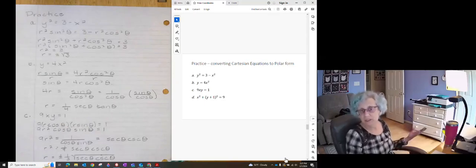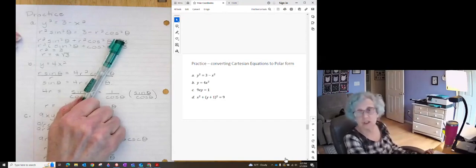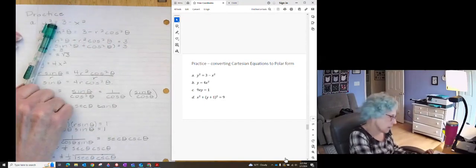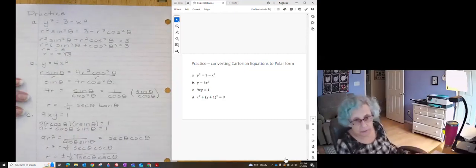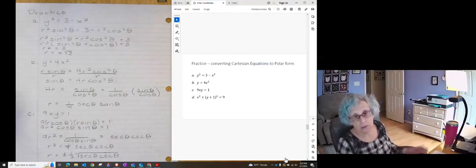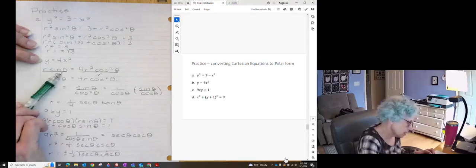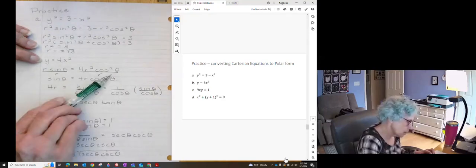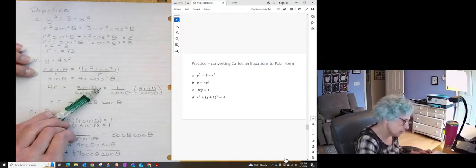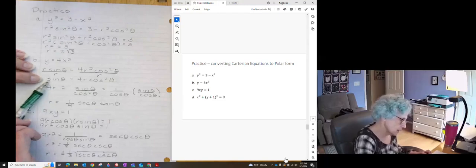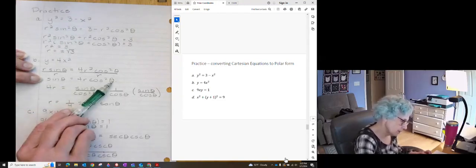Okay, I felt pretty good about A and B. A was just another circle. Once you added x squared to each side, you ended up with r squared equals 3. So r was plus or minus the square root of 3. This one, I had r sine theta is 4r squared cosine squared. I divided both sides by r, so I ended up with sine is 4r cosine squared of theta.